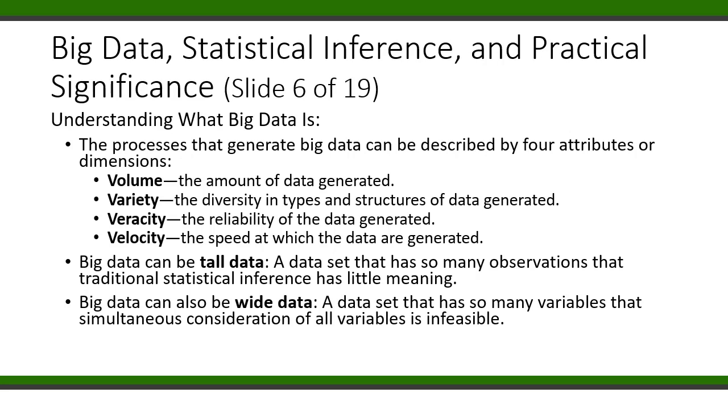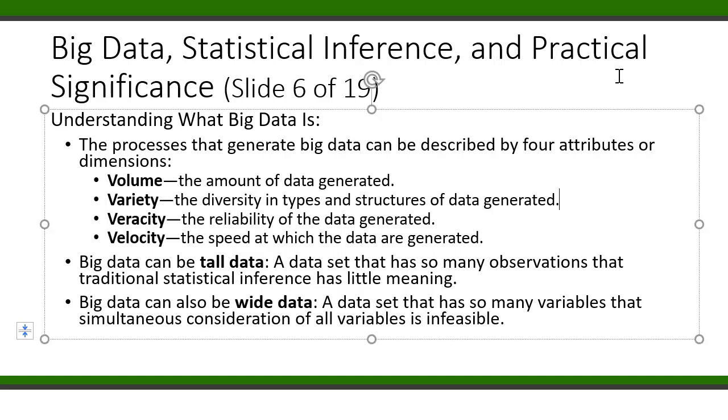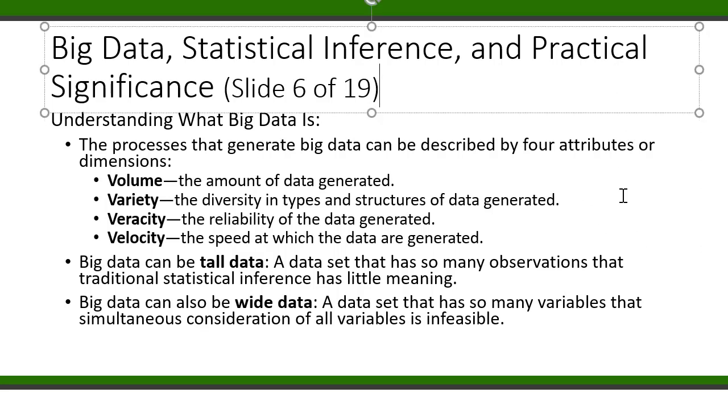So something we've seen from the first chapter, again, we have these 4 V's. So volume, the amount of data that's being generated; variety, the diversity in types and structure of data generated. So it could be numeric, it could be quantitative, it could be audio, it could be video.